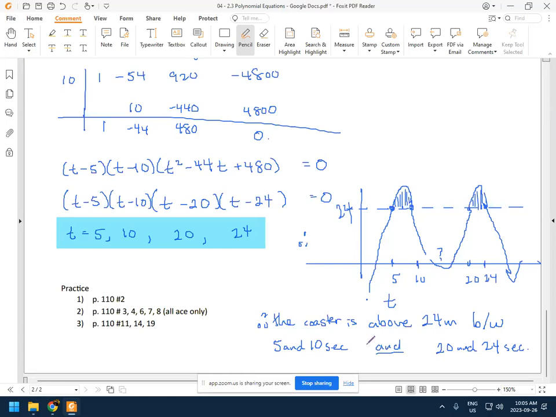Yes. When I was doing the factor for the t squared minus 44t, I got negative 20 and negative 24t. It doesn't have to be negative because it's negative 44. That doesn't make sense to the question. Say that one more time. Like for t squared minus 44t plus 480, both of the zeros that come from that have to be negative since there's a negative.